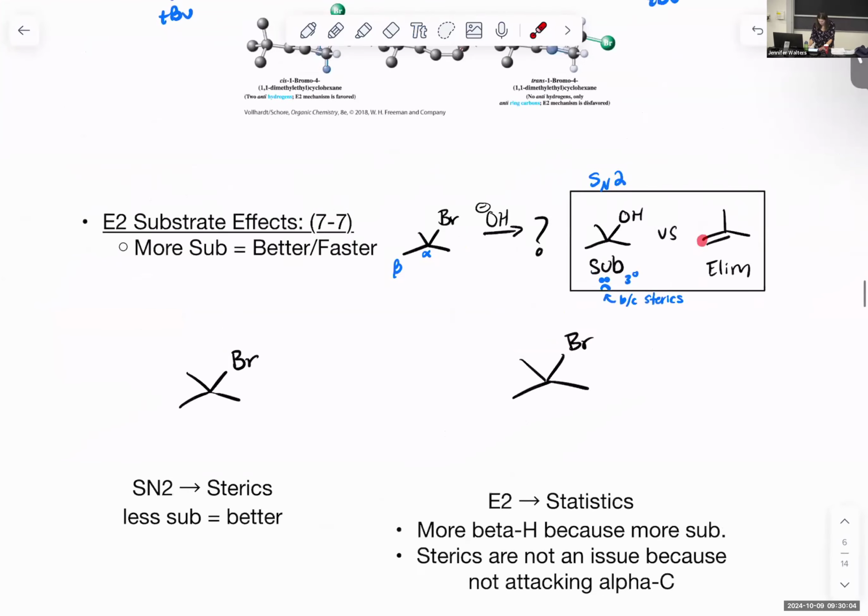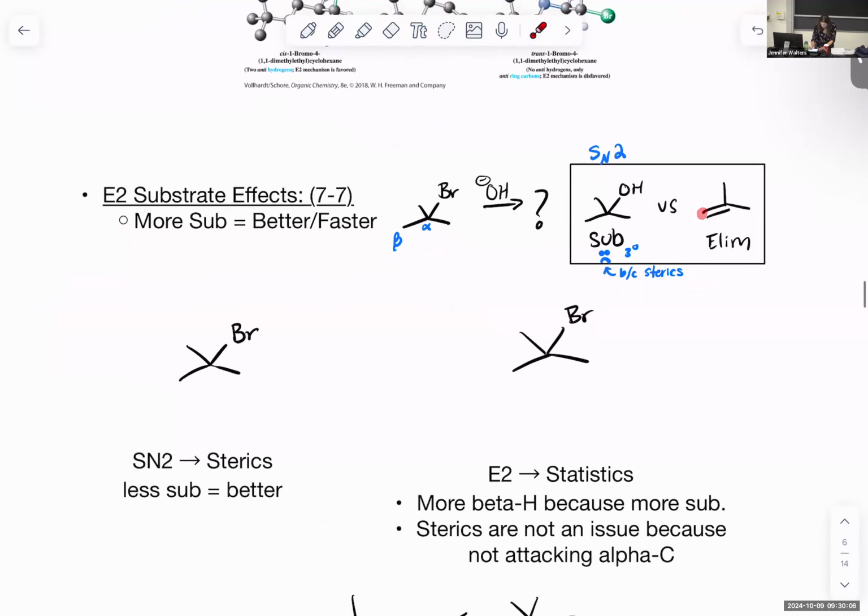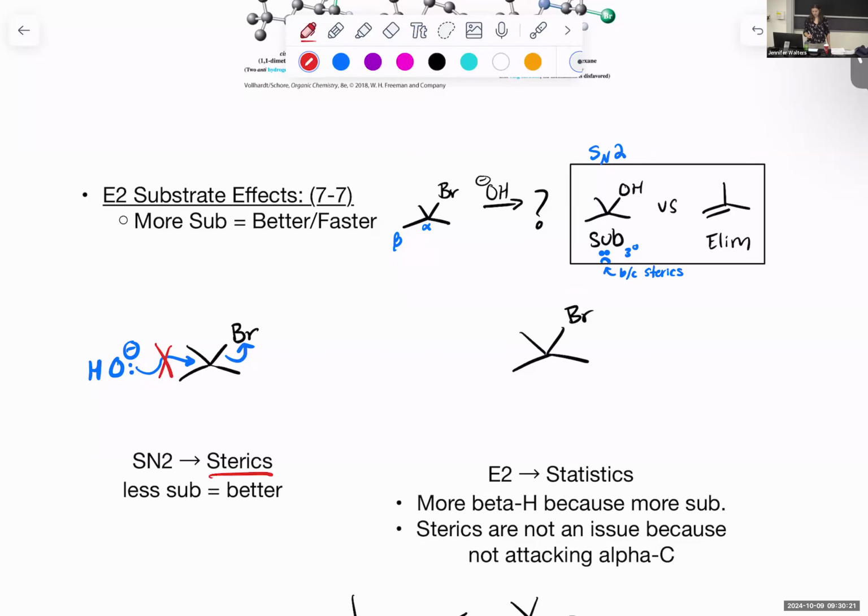That's what we're seeing here. For the SN2, if I have the hydroxide in this case, I'm trying to attack that alpha carbon. I can't do that because of sterics. So for SN2, fewer substituents, a less substituted carbon, was better. That was faster.